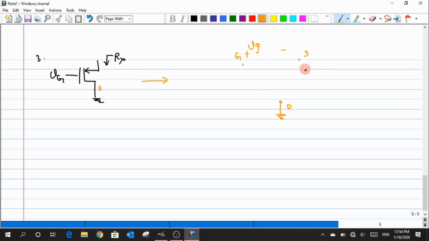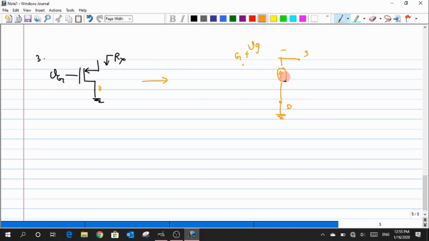Now how will I draw the remaining part of the circuit? So again there is a current source, right? It will be the current from drain to source, just because it depends only on the polarity. Because the source is the least potential in my circuit, the current has to flow towards the least potential.